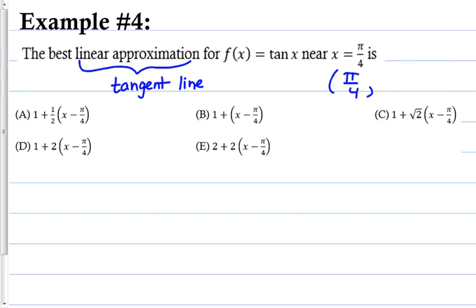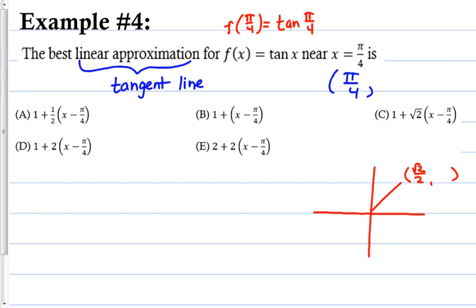So I get, let's see, f of pi over 4. So tangent of pi over 4. You should be able to do this without a calculator. Okay, so pi over 4 is 45 degrees. My coordinates here are the square root of 2 over 2 and the square root of 2 over 2. Remember, this is cosine and this is sine.